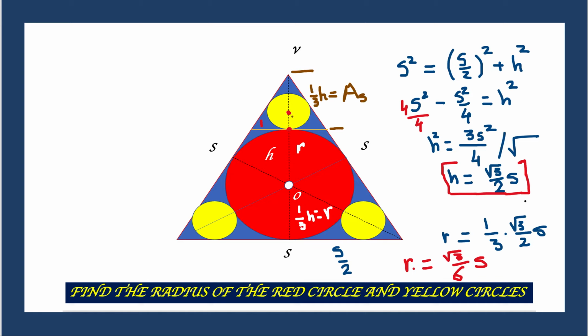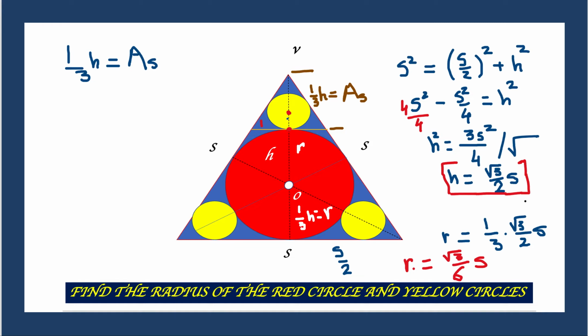Now, the 1/3 of the small triangle means h is equal to the altitude of the small triangle, let me write AS. It is 1/3 of the h, but h we know was the square root of 3 divided by 2 s.